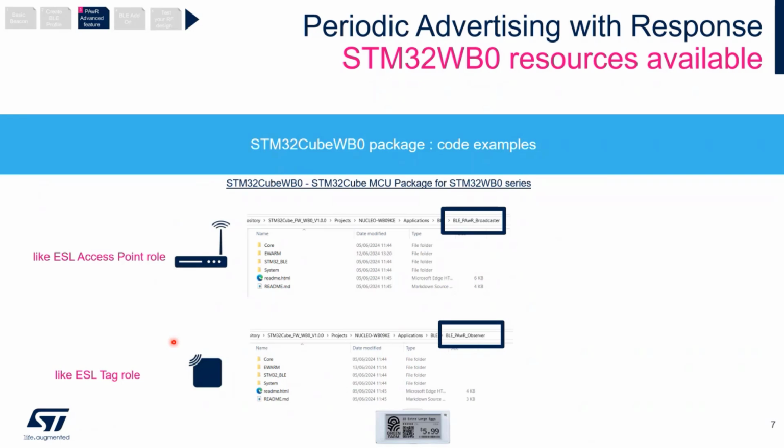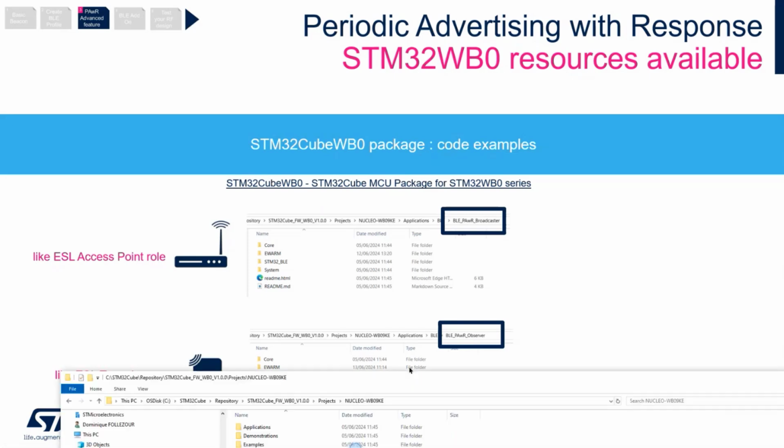Now, in order to play with it, what is ST offering? The STM32WB0 family supports first the periodic advertising response. And inside the STM32WB0 package, let me open it here.